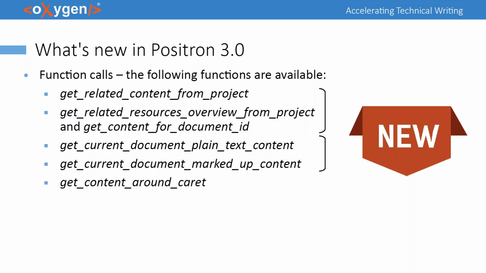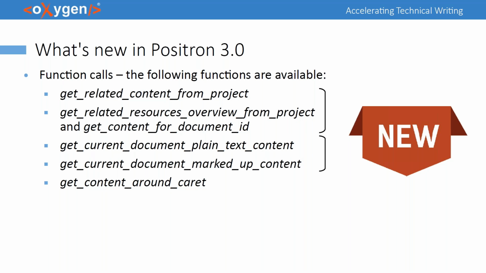The first 2 bullets are related to functions that are able to retrieve content from the project. Then the next 2 bullets are related to functions that can retrieve the entire content of the current document. And you have 2 functions.